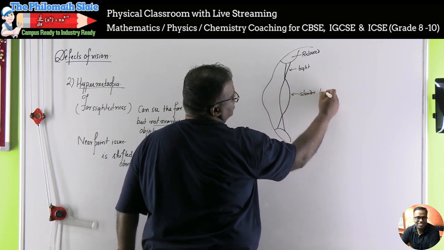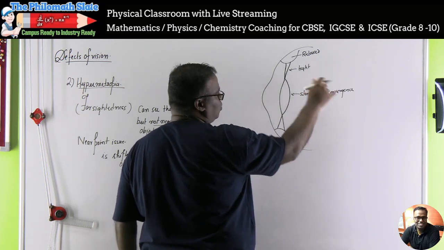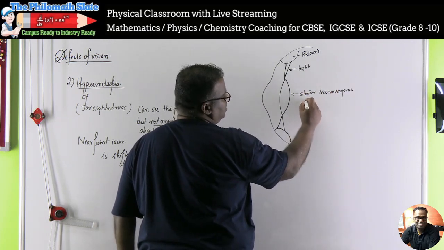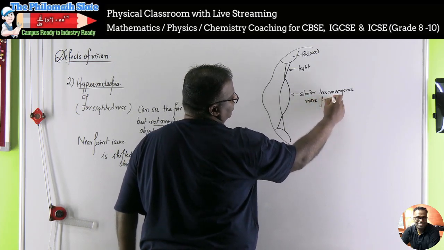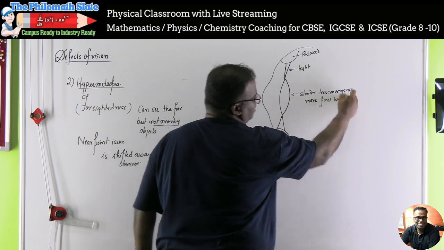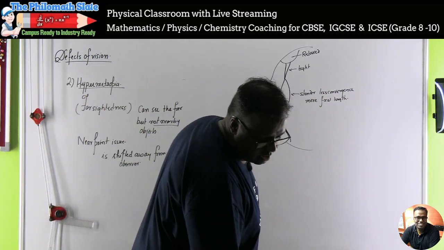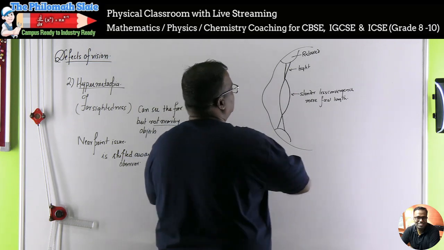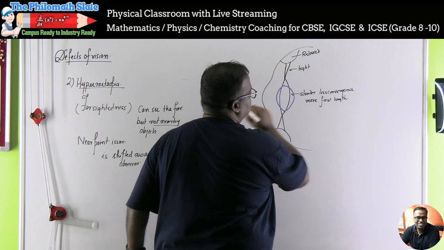less convergence. Whenever you have a doubt, take pen and paper and draw all this yourself. Less convergence, more focal length. This is the condition, right? When you want to see something near, at that time the lens has to become like this, right?